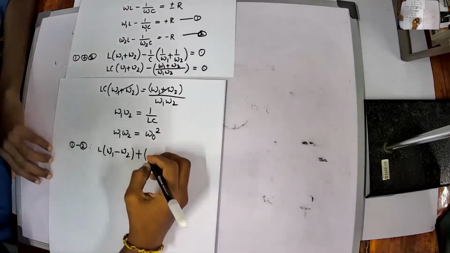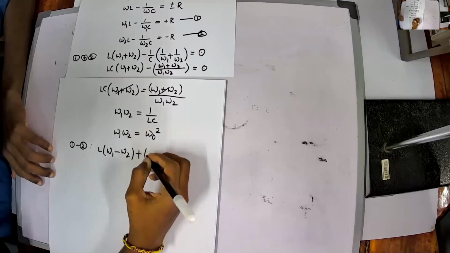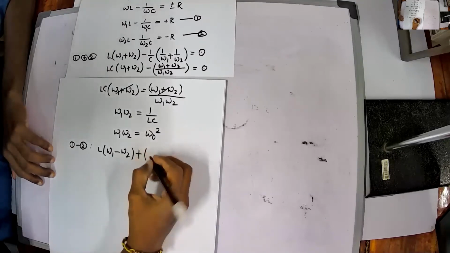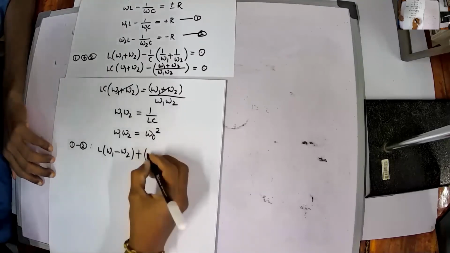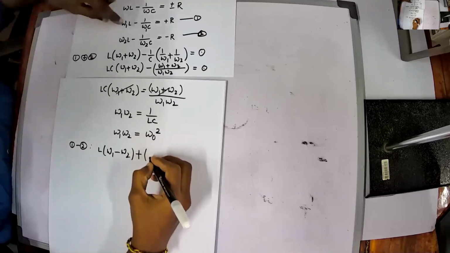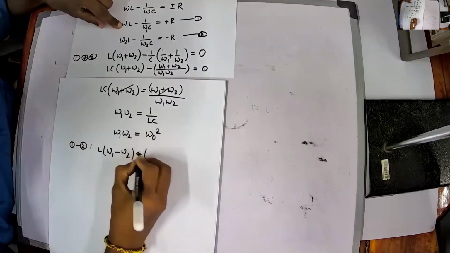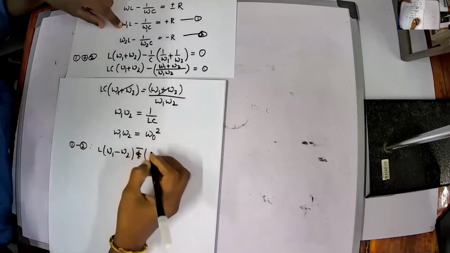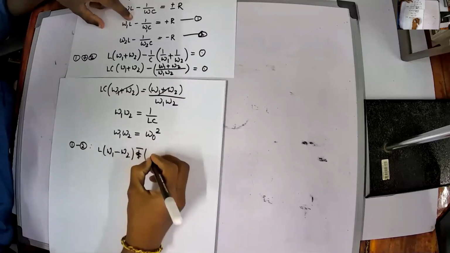It will be omega 2 minus omega 1. But I can put minus here, right?